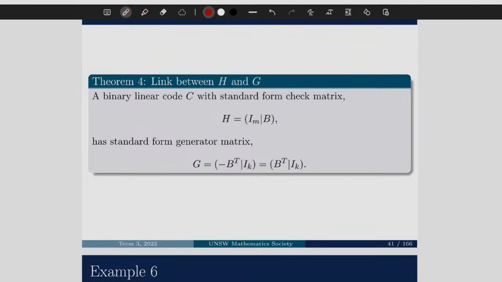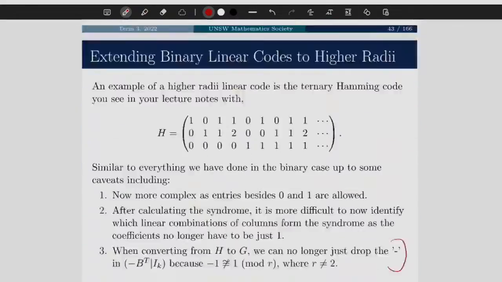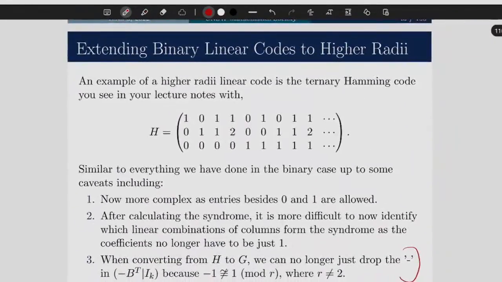The reason it was valid in the first place, when we just added the minus at the front, was in correspondence with the fact that, for example, -1 is equivalent to 1 in mod 2, right? But naturally, this is not the same case if I increase the radix. So hence, this conversion isn't going to work anymore. That's basically our added complexities there. It is also more difficult to identify linear combinations.